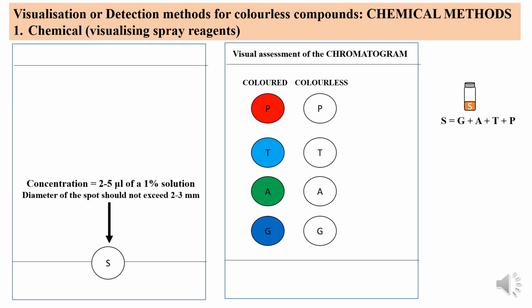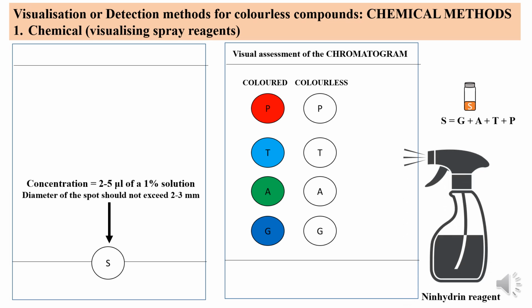So now what you do, you spray this paper with a ninhydrin reagent. Ninhydrin is a recommended reagent for visualizing and detecting amino acids in a chromatographic experiment. On spraying, you can see that purple spots are developed.